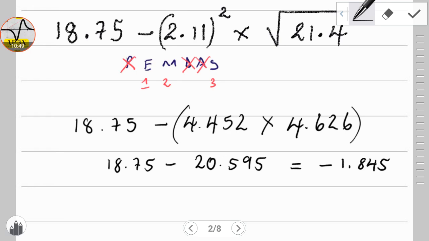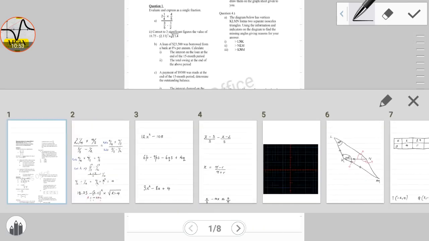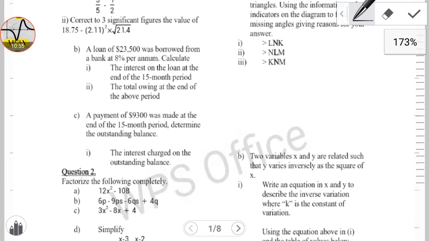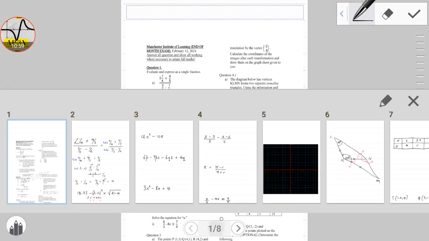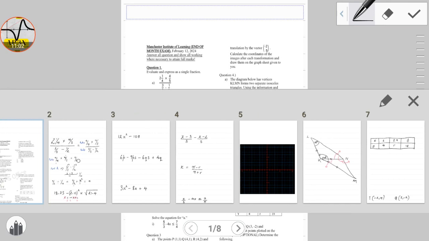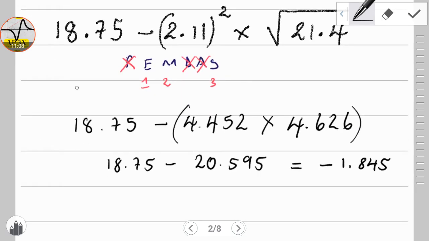1.845. Now the question did say to us here that we should in fact leave our answer correct to 3 significant figures. Was that it? Yes, correct to 3 significant figures. So to 3 significant figures, what we're looking at here is in fact cutting off after the 4.